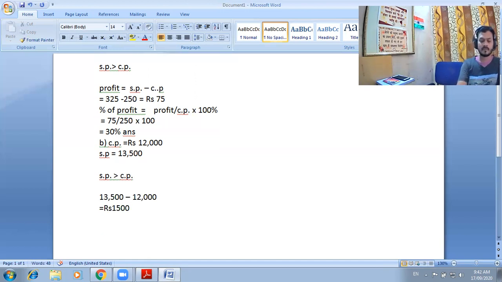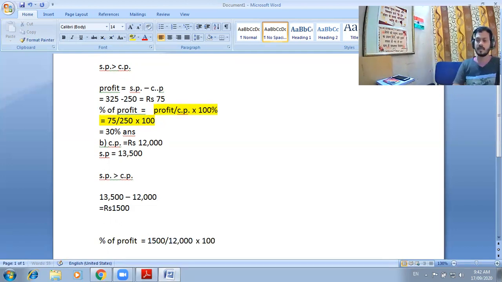Percentage of profit equals profit divided by CP, putting their values: profit equal to 1500 divided by CP. Reply me, CP is equal to 12,000.